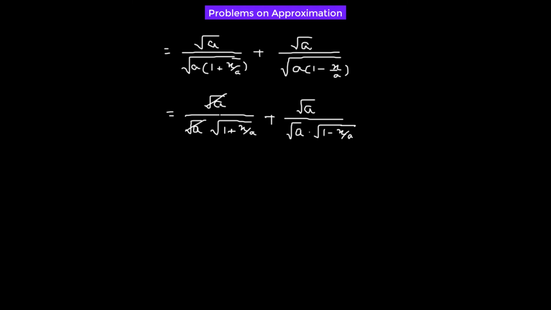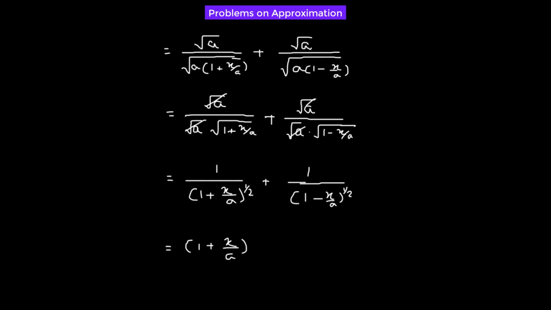So we can factor out square root of a from both the numerator and the denominator, and that leaves us with 1 over 1 plus x over a raised to the power of half plus 1 over 1 minus x over a raised to the power of half. Then we take the expression to the numerator, and that will give us 1 plus x over a raised to the power of negative half, plus 1 minus x over a raised to the power of negative half.